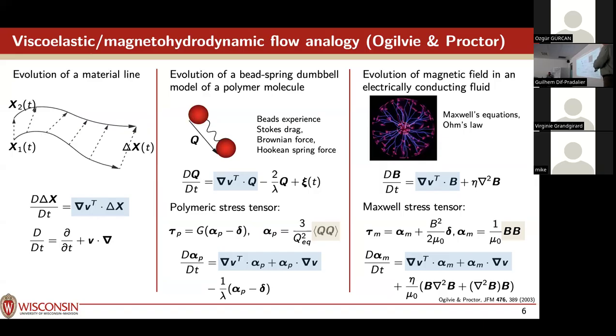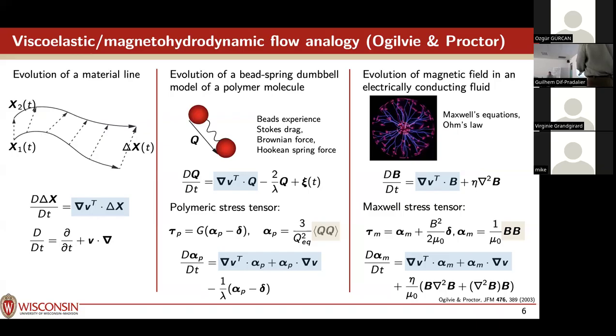So there's also a material line stretching piece, and instead of relaxation, there's a diffusion. The Maxwell stress tensor, again, is proportional to the dyad of the magnetic field with itself.